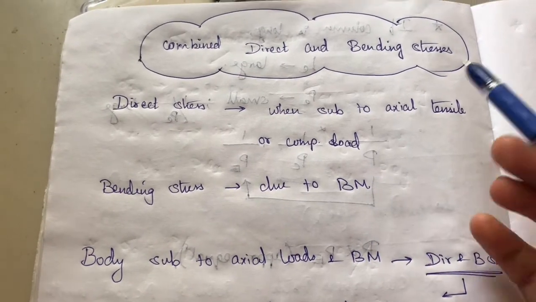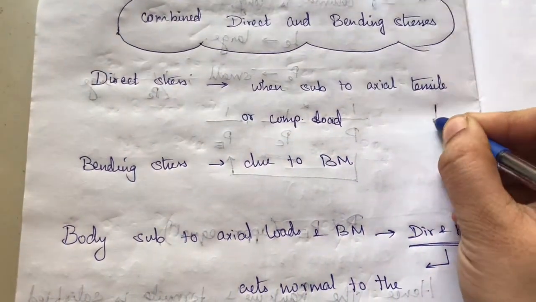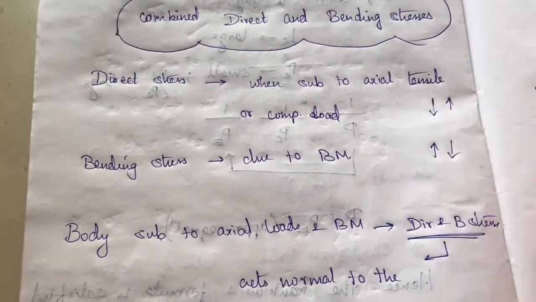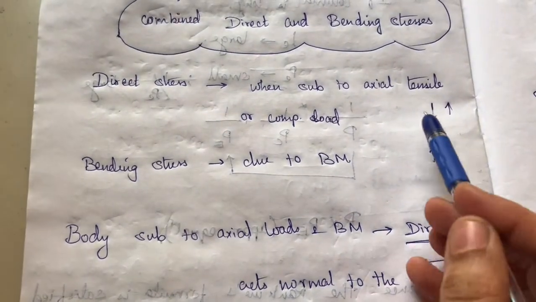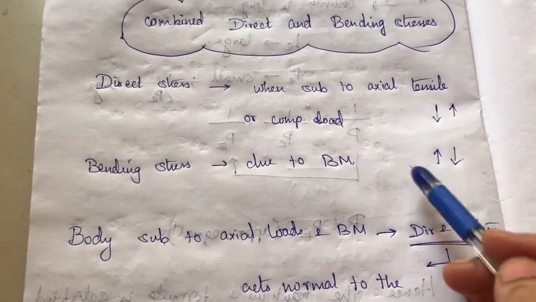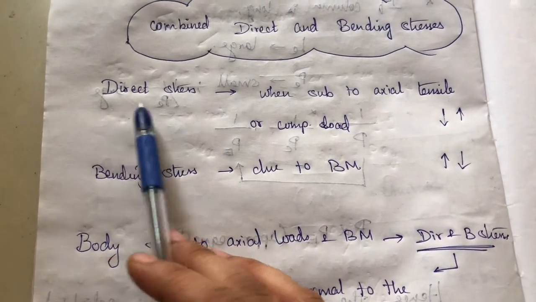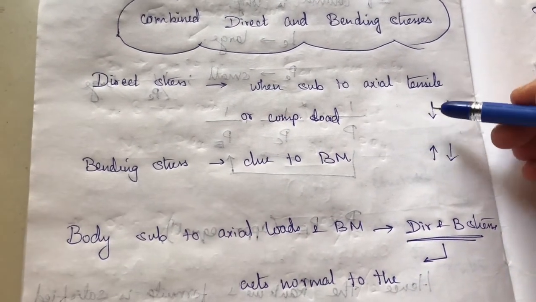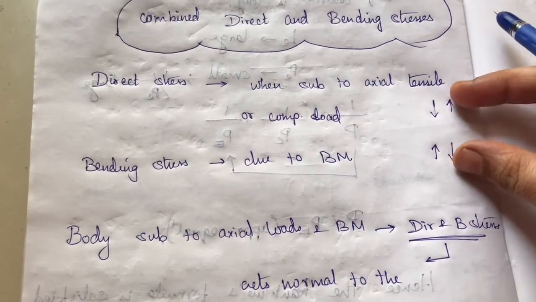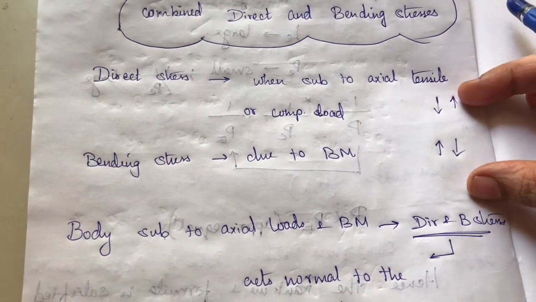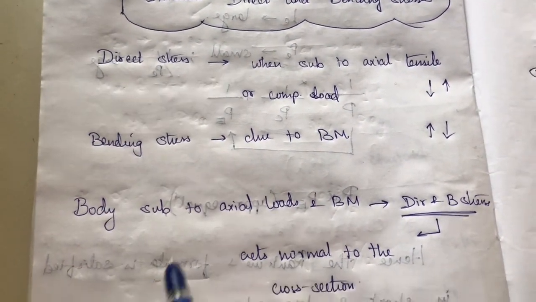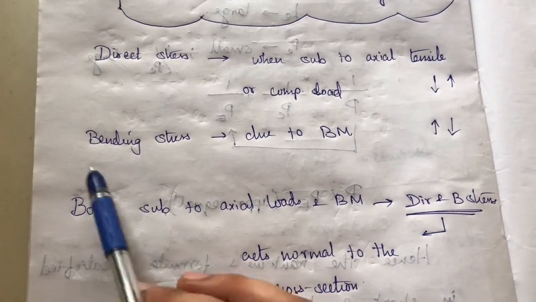Okay, it is either only axial, so it is either compressive or tensile load. Okay, so when these loads are acting on a body, it will have direct stress. So when the load acts straight inward, or outward in a spreading manner, direct stress will be produced. Okay, and the another thing is bending stress.